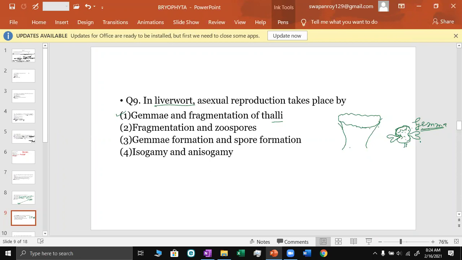In bryophyte, vegetative reproduction is very prominent, and when favorable conditions are there, vegetative reproduction takes place, which is why they grow very fast. Wherever bryophytes are growing, they cover the entire space.